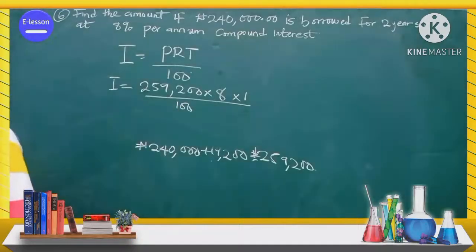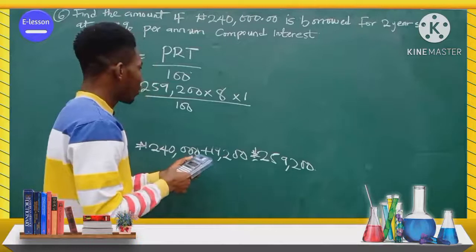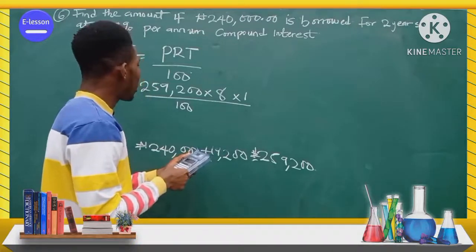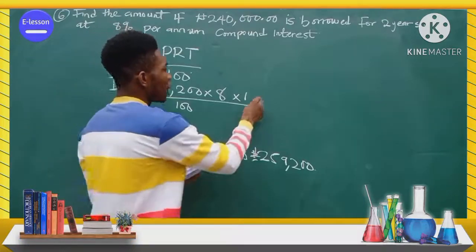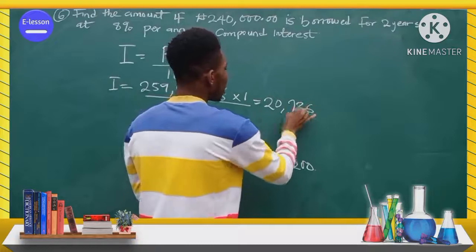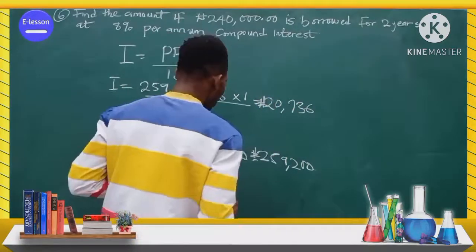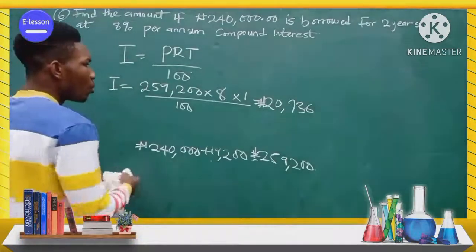Calculating this, 259,200 times 8 divided by 100 gives us 20,736 naira.